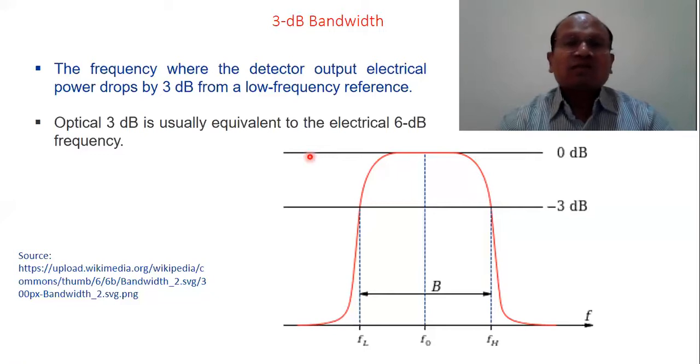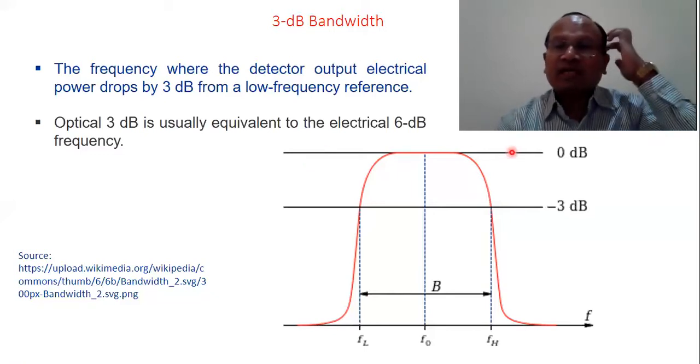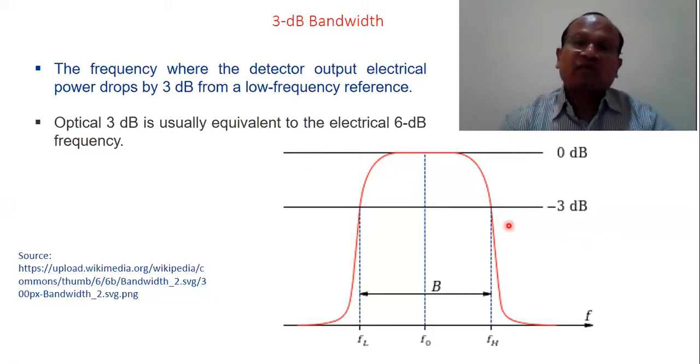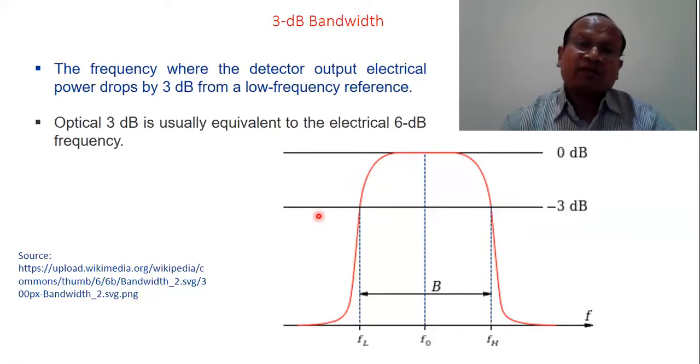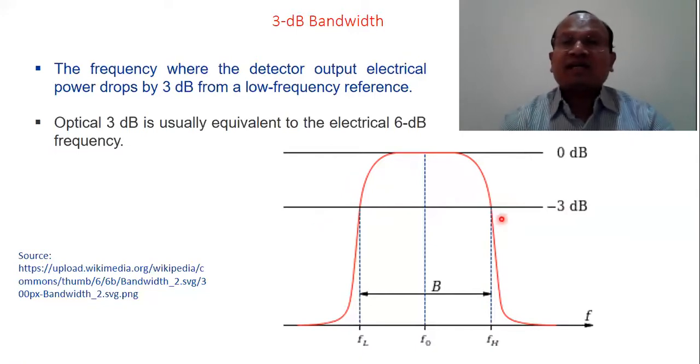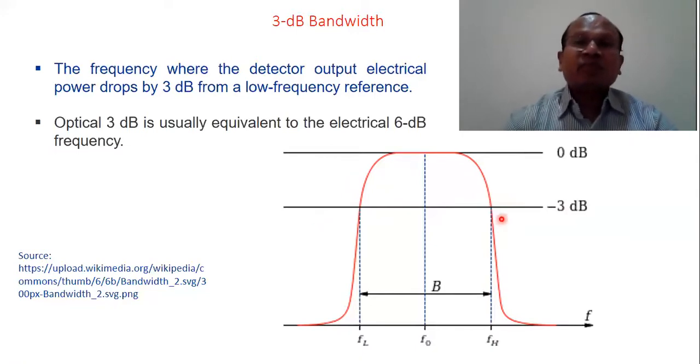So this is the 0 dB line, and see here minus 3 dB. It means with respect to 0 dB, it's down by 3 dB. Actually, this is the standard way of defining the 3 dB cutoff frequency. Sometimes we call it the RMS frequency also.